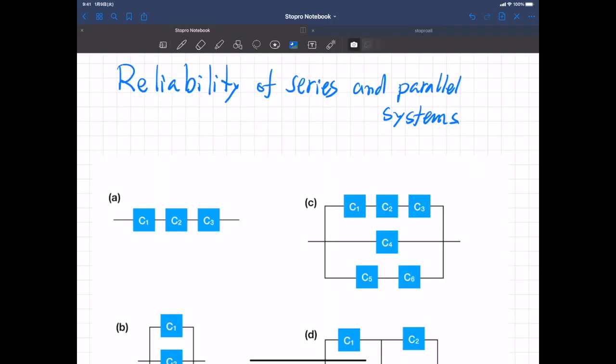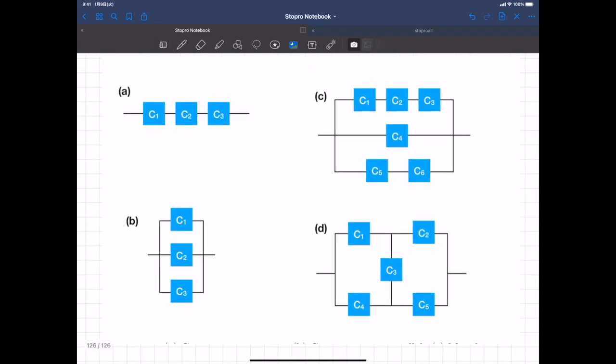So far we have assumed that there was only one component in the system, and we have been discussing the reliability of that one component. But in reality, one system can contain many components which are arranged in some order. For example, in this case, there are 3 components, C1, C2, C3, arranged in series.